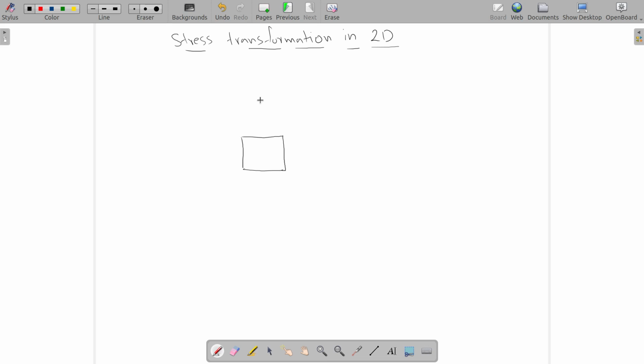So for a sample state of stress, you have normal stress values sigma x and sigma y, and this is tau yx, this is tau xy, and they are equal also, but anyway we'll write that here.